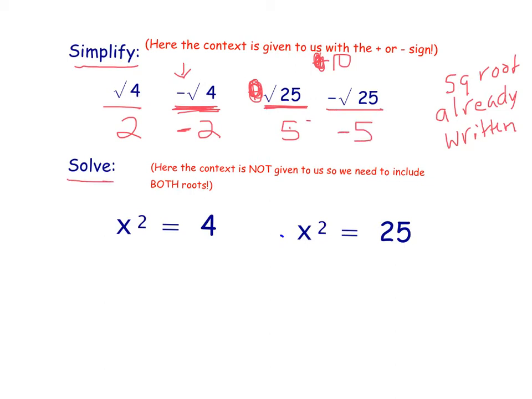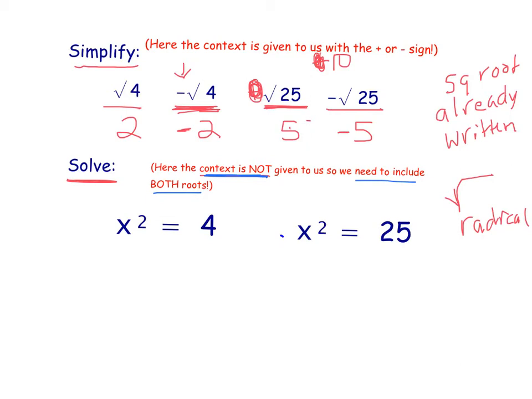Now, if you're solving an equation where the radical symbol, and by the way, this is called the radical symbol, if you have to write it in, the context is not given. We don't know if we're talking about the positive or the negative, so we have to include both roots.